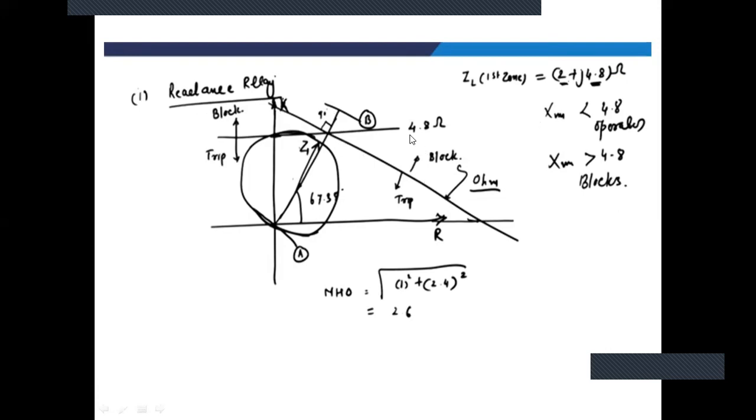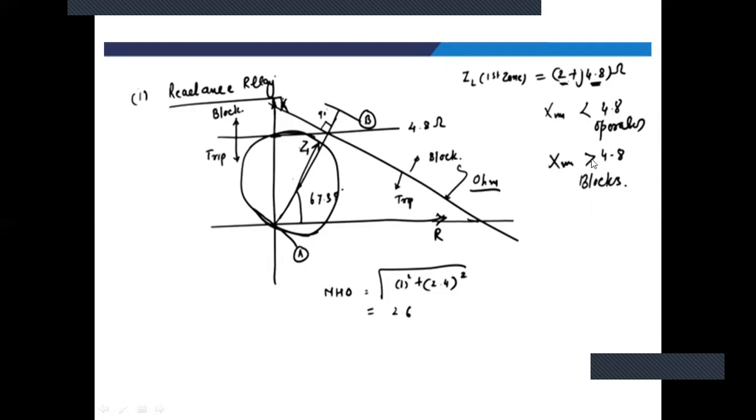Now, what will be the trip region and the block region for this Ohm relay? Below this line, when Xm is less than 4.8, it will operate and it will be in the trip region.